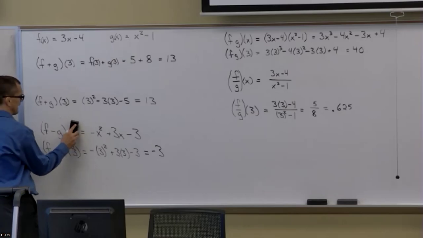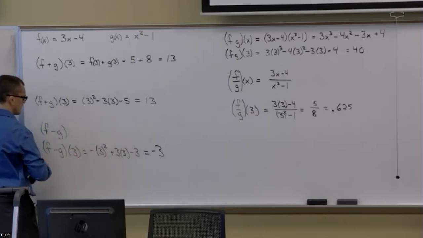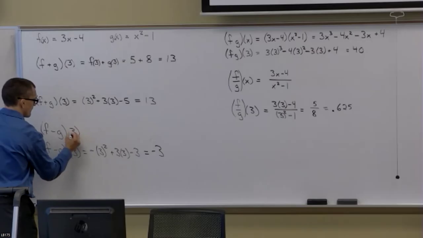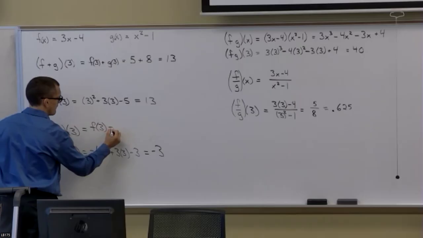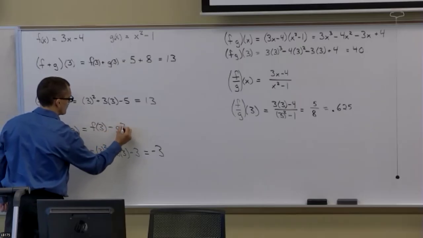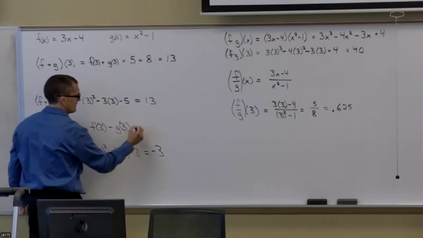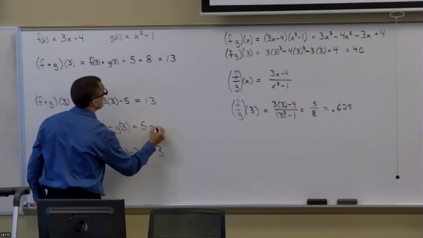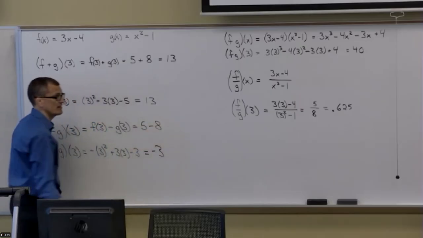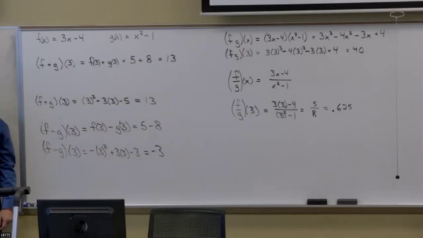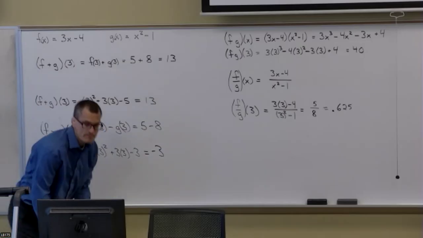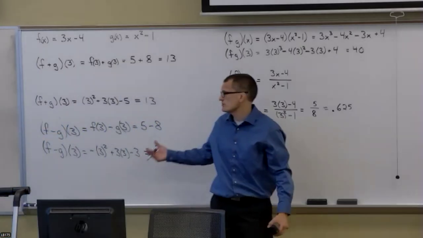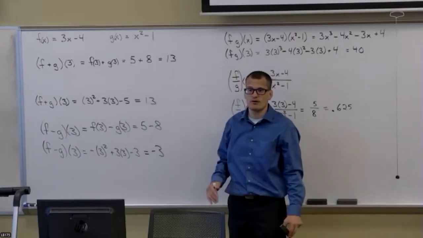What about subtraction? Well, when we subtract f of 3 minus g of 3, that is 5 minus 8, which is negative 3. That's especially useful if I didn't already do all that work.